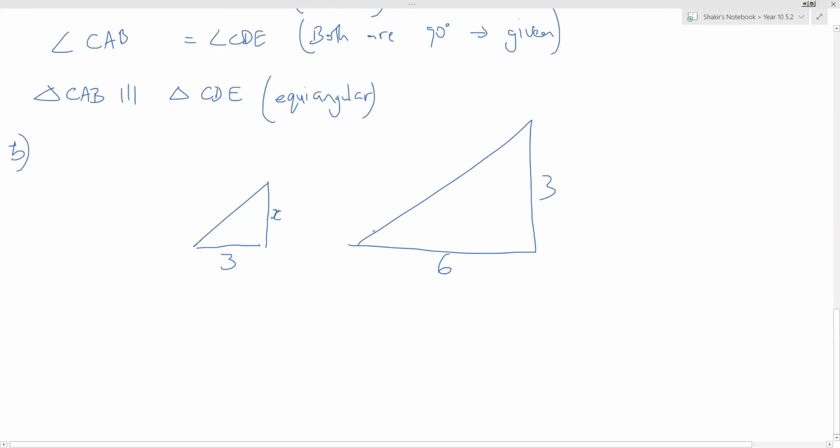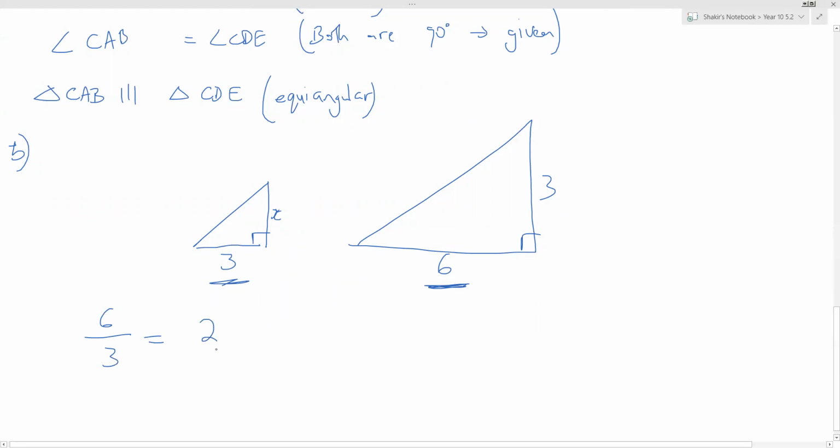What we call the scale factor: we can write the big triangle over the small triangle, using corresponding sides. Notice that it is the right angles, and the corresponding sides are 6 and 3. So 6 over 3 will give us a scale factor of 2.